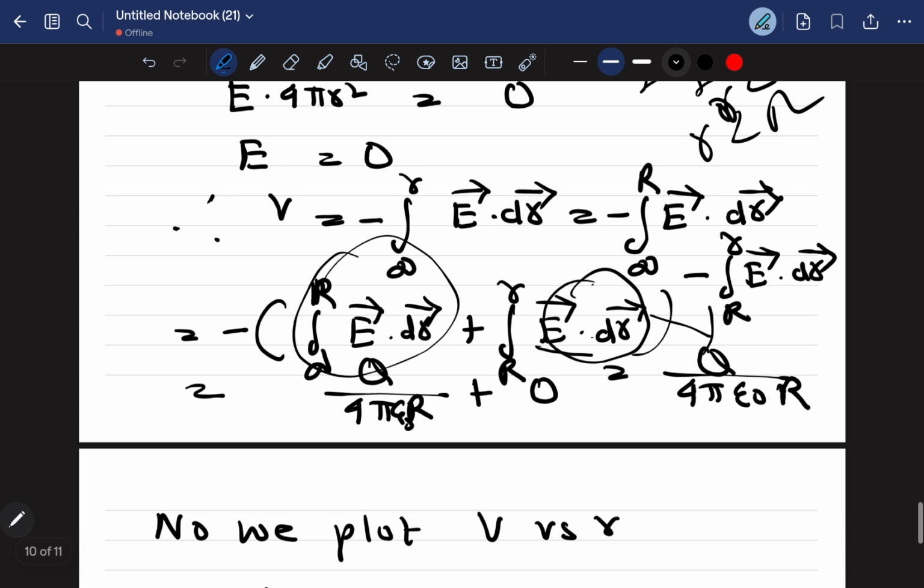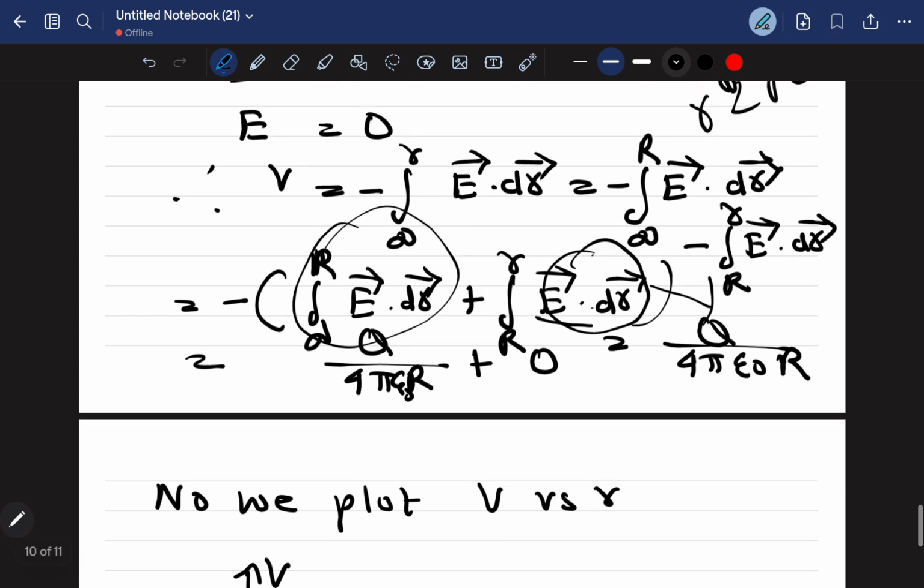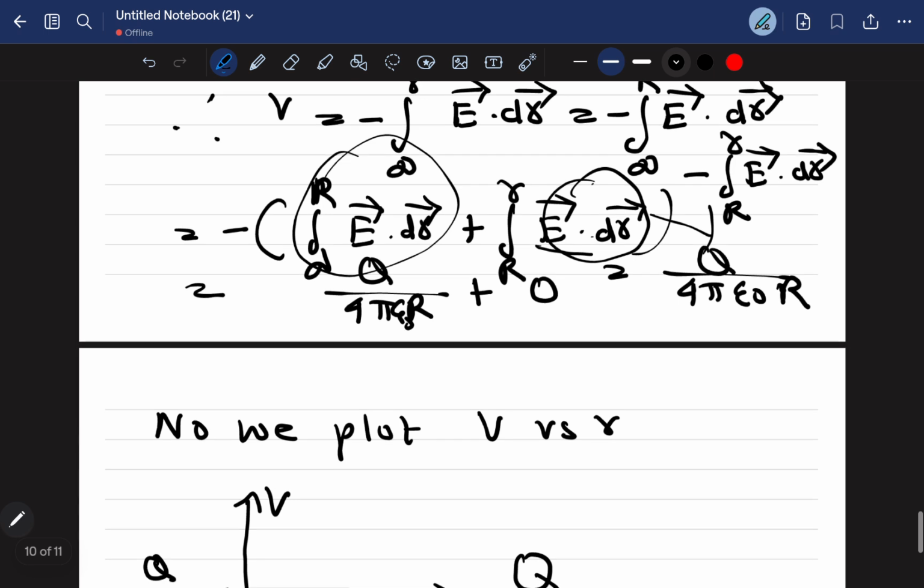So the potential inside the metallic shell will be q by 4 pi epsilon naught R. You can see that the potential inside the shell is always constant. It is not a function of the distance from the center of the shell.